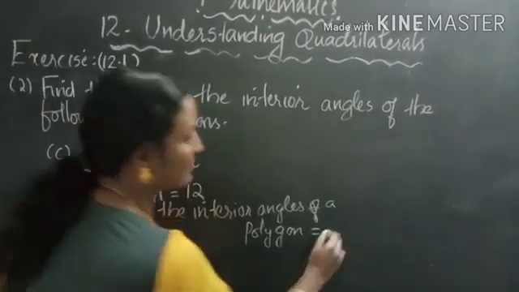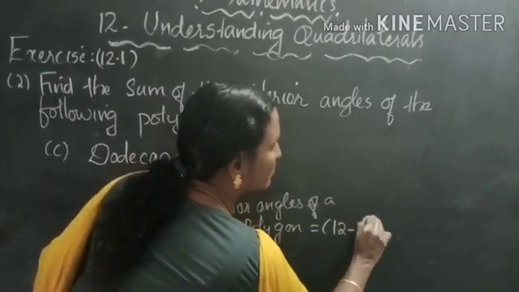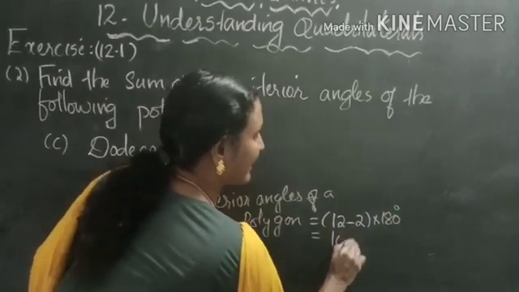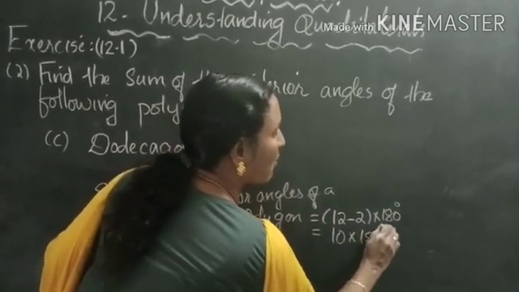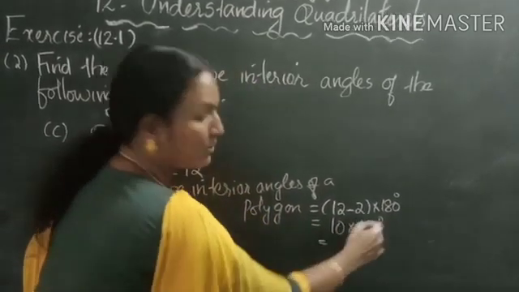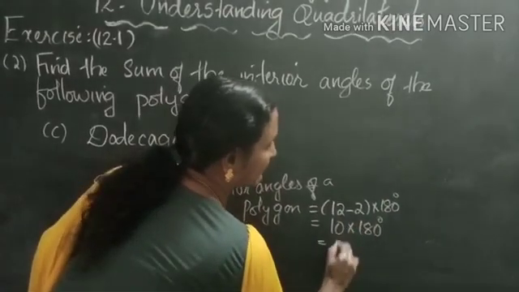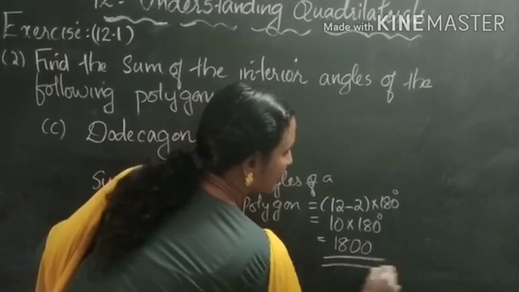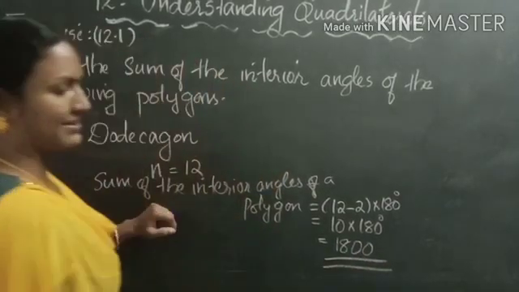Here n is 12. So 12 minus 2 into 180. 12 minus 2, 10. 10 into 180. First multiply the numbers. 18 into 1, 18. Then put 0. 1800.